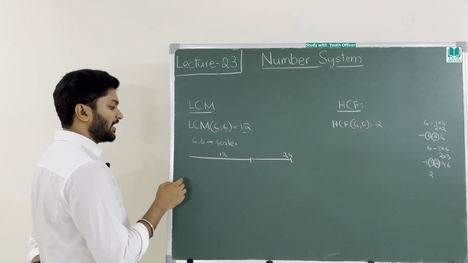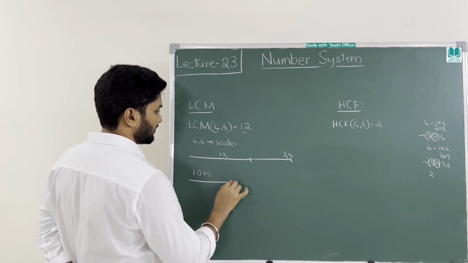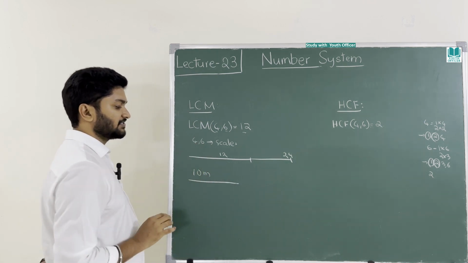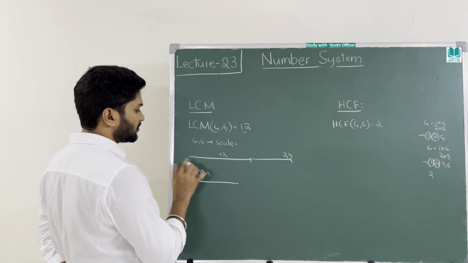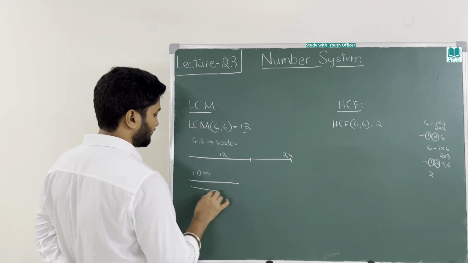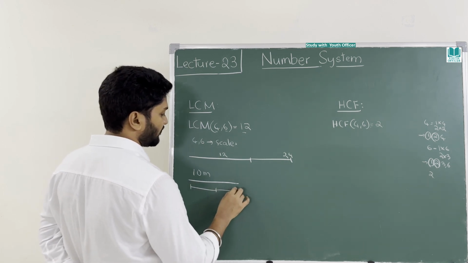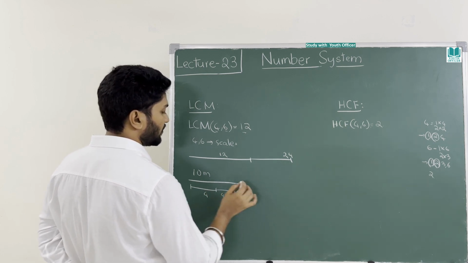Can you measure a pipe of 10 meters with these scales? No, we will not be able to, because this is length 4, there is no other marking. Only 4 length will be there, one more 4 will be somewhere here, and this remaining 2, who will measure?